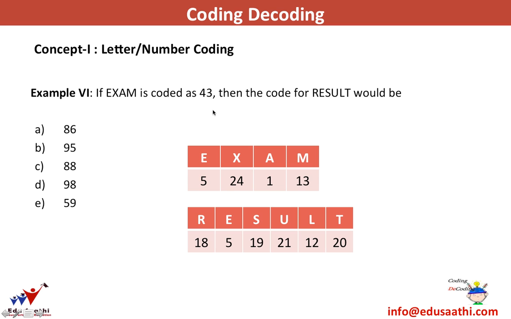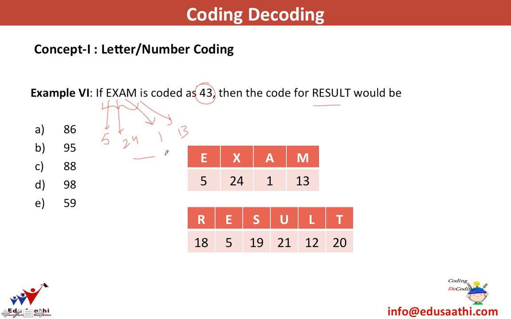If exam is coded as 43, then the code for result would be, now whenever you see a number greater than 26 here, then it means that they have done nothing but just added the number corresponding to these letters. For example, E is 5, X is 24, like mentioned here, A is 1 and M is 13.